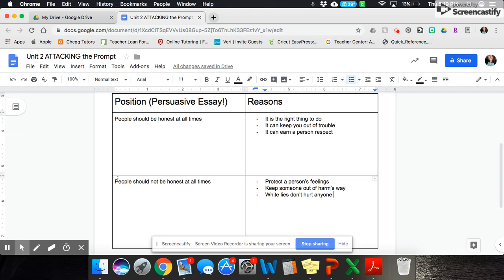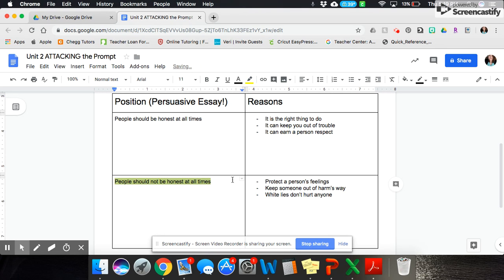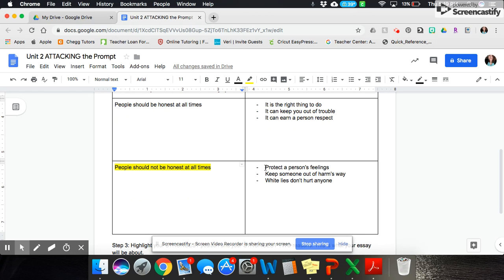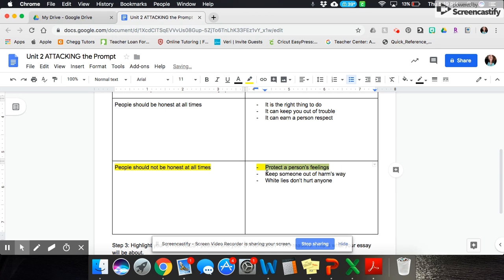I feel more strongly that people should not be honest at all times. So I'm going to go ahead and I'm going to highlight that. Now that I have my position, I need to pick my 2 strongest reasons why. My strongest reasons are that it can protect a person's feelings and it can keep someone out of harm's way.